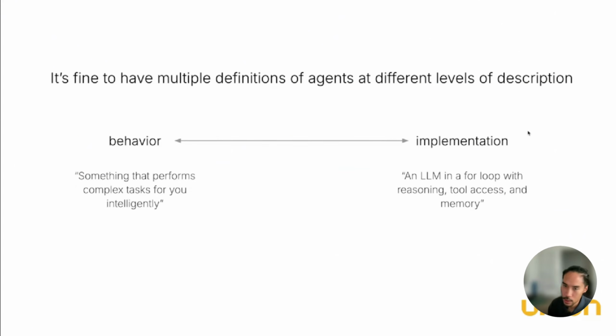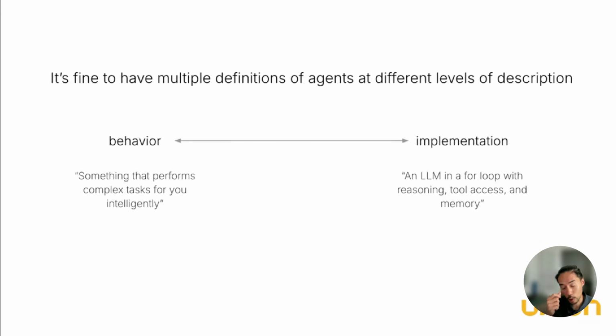The point of all of this, just to level set, is I think it's actually fine to have multiple definitions of agents, and these are certainly not the last definitions we will hear in the coming years. And it's fine to have these at different levels of description, right? The OpenAI one is a lot higher level. It's more behavioral. It's something that performs tasks in a smart way.